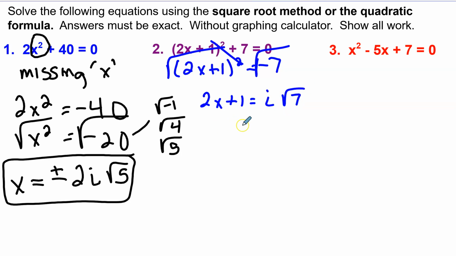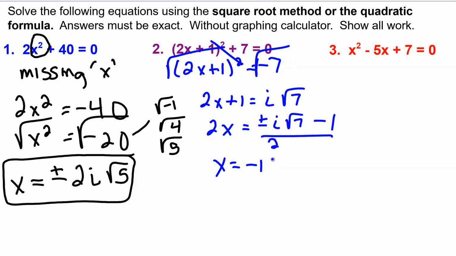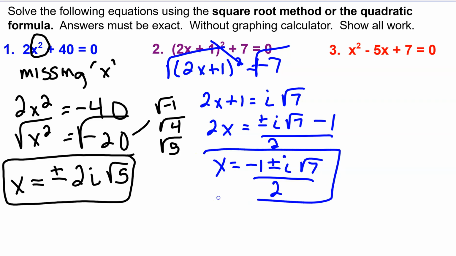And then I'm going to subtract 1. And that should be a plus or minus i square root of 7 minus 1. And then I'm going to divide that whole thing by 2. So I'm going to say negative 1 plus or minus i the square root of 7. I'm just going to move this in the front so it's in the right format, over 2. Again, these graphs will be parabolas that will not cross the x-axis.